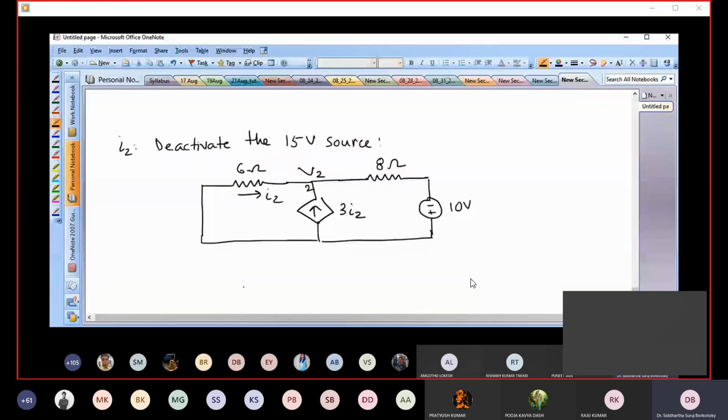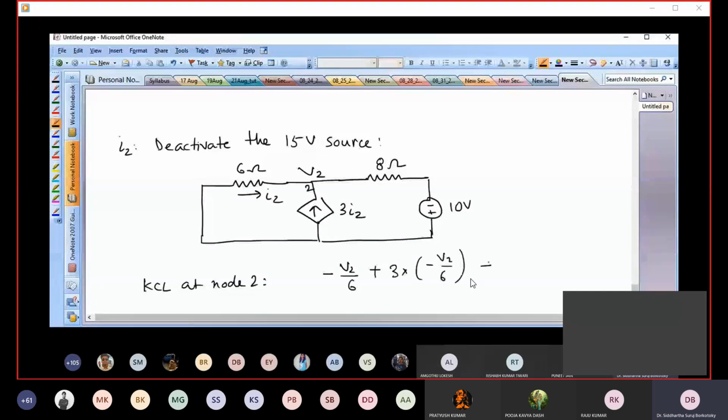So again, take KCL at node 2, and that gives you minus V2 by 6, current moving in, plus 3 into minus V2 by 6.